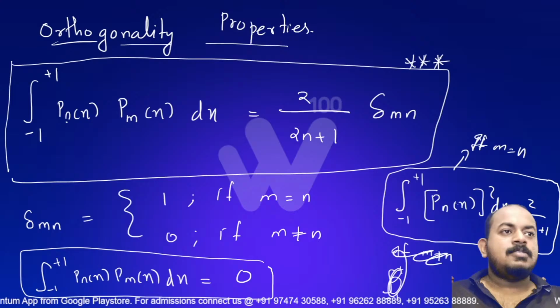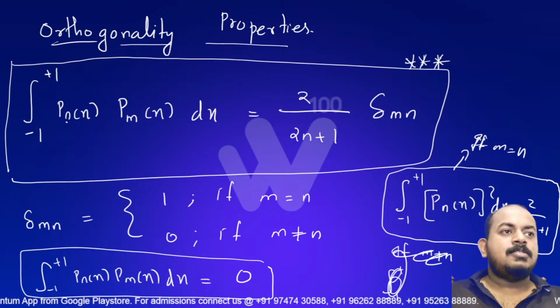So just try to remember the form of the orthogonality property, that is, the integral from -1 to +1 of Pn(x) times Pm(x) dx is equal to 2 upon 2n plus 1 into Kronecker delta mn. Okay.